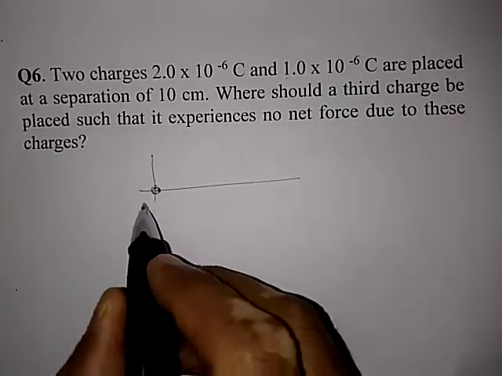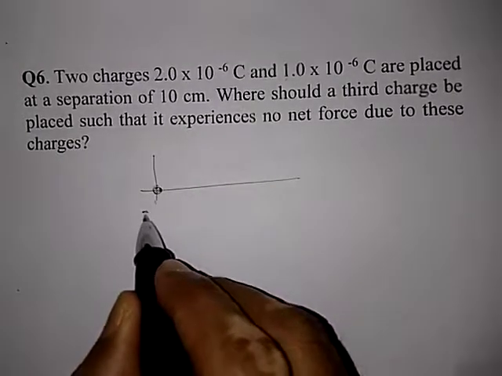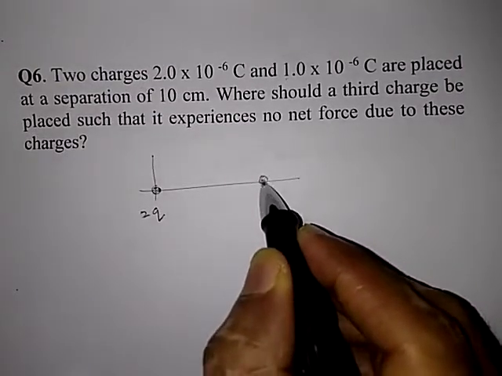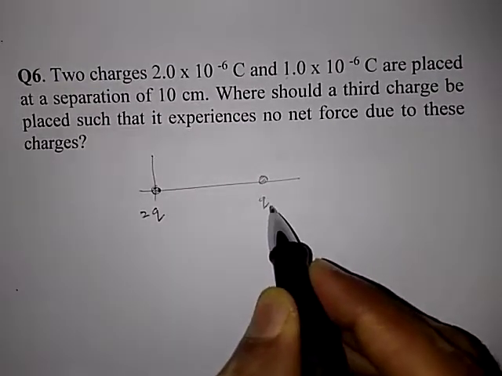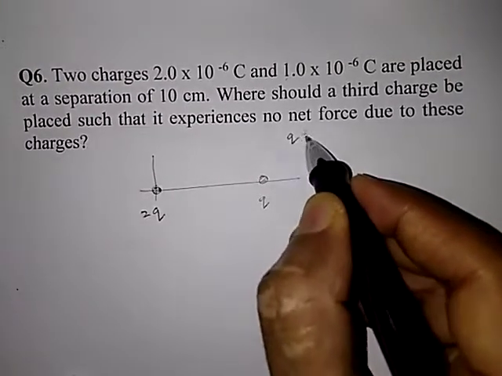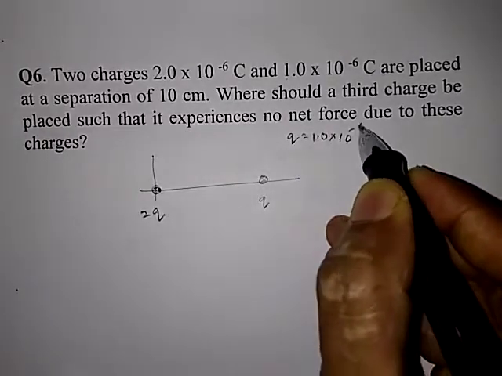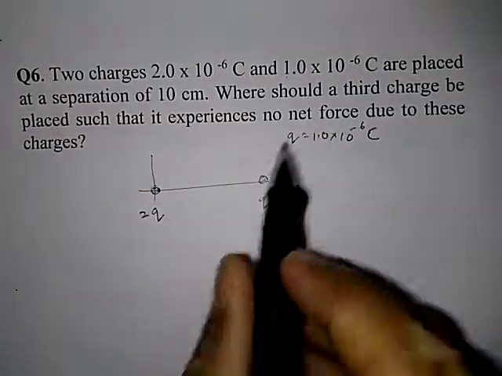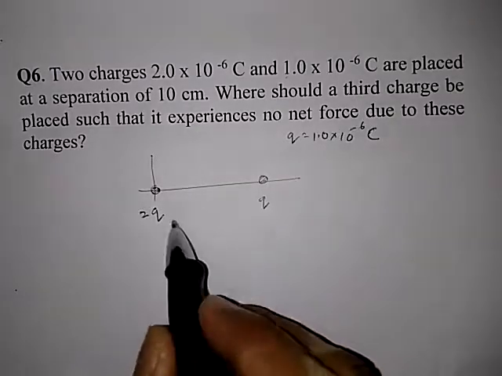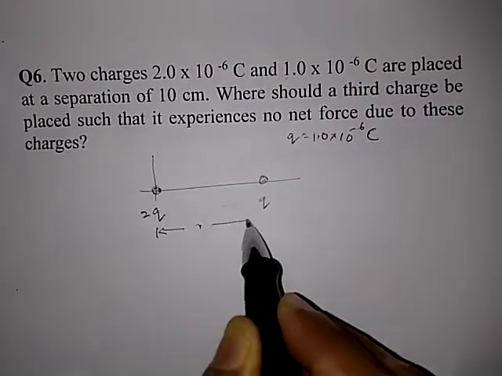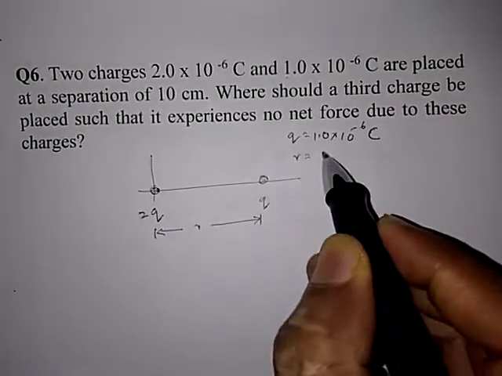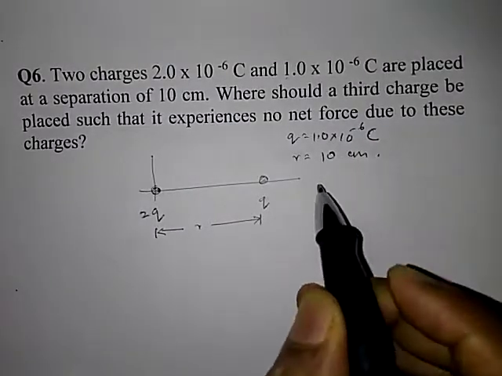Let's call this the first charge 2q. The other charge is q, where q represents 1.0 into 10 to the power of minus 6 coulombs, and they are separated by a distance r, where r is 10 centimeter.